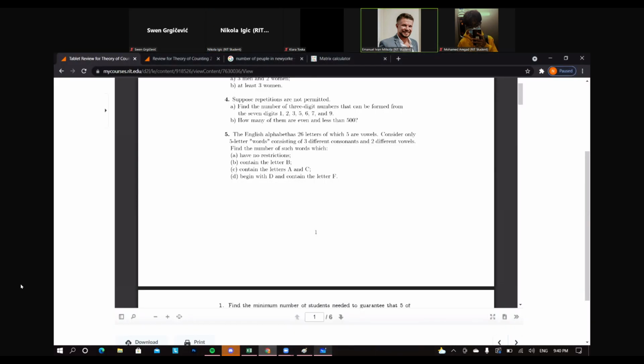Let's go after the vowels. I have 5 vowels, and I know that there are 2 different ones. It's not said that I have A 100% or B 100%. I just know that I have 2 of them.